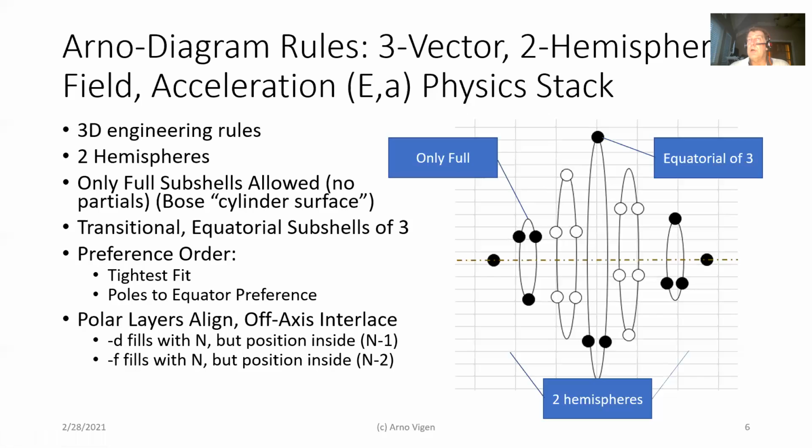We can't have a partial subshell. But I can have these 5 full, that empty, and that empty, plus another 5, and that would be only full subshells, okay, and structures that are built of only full subshells, and it would be this full shell jumping to that far end, which we've already seen.